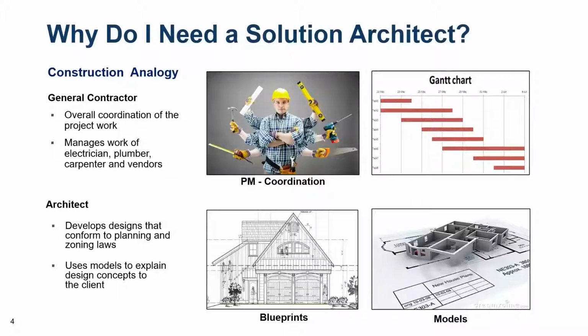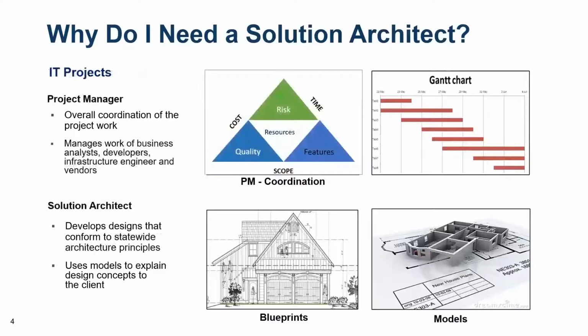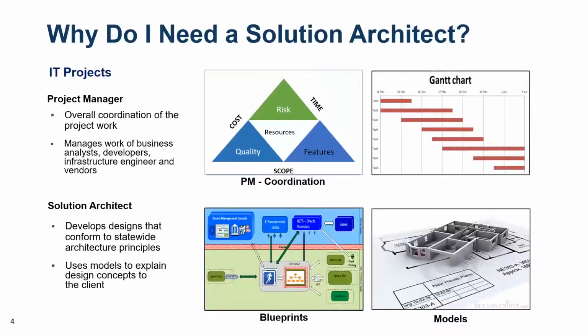So that's what the construction industry looks like. Now let's take that analogy and lay it over an IT project. You have the PM, who's like a general contractor, herding the cats, bringing all the people together to make that project successful. Then you have an architect who does the blueprints, just like in the construction industry, but those blueprints look different. They look at whether I have all the components, how they will fit, and will they work together.